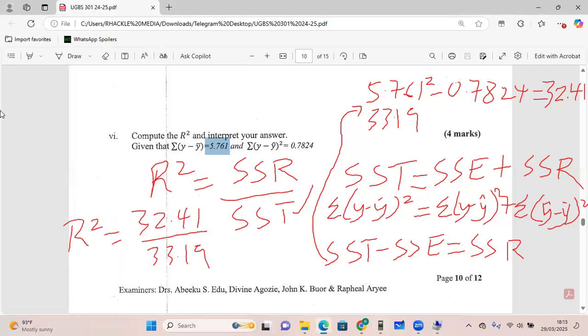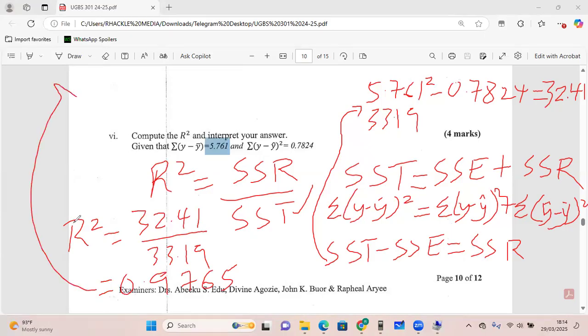So it is going to be equal to 0.9765. Right, so according to the interpretation, what we are going to say is that approximately we can change this to 97.65%.